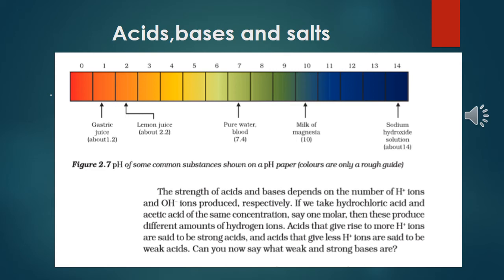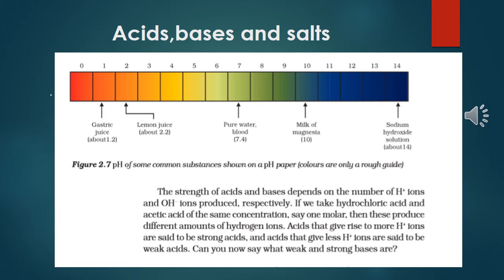Gastric juice, which is produced in our stomach, is actually acidic. We know it contains hydrochloric acid, so its pH is 1, meaning a very strong acid. Then lemon juice contains citric acid. It is a weak acid, so you can see the color is not so deep.